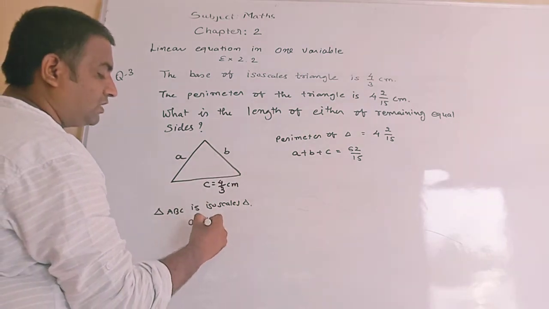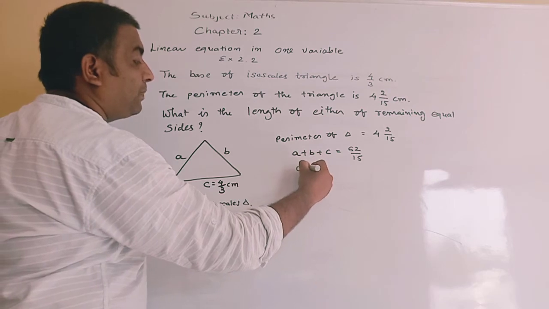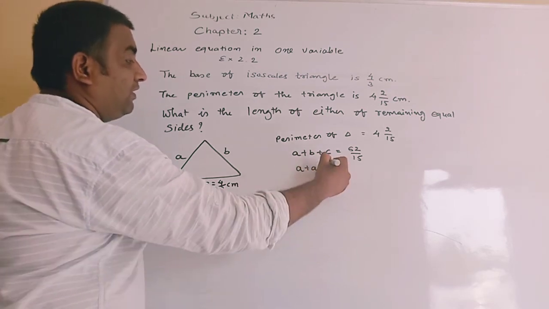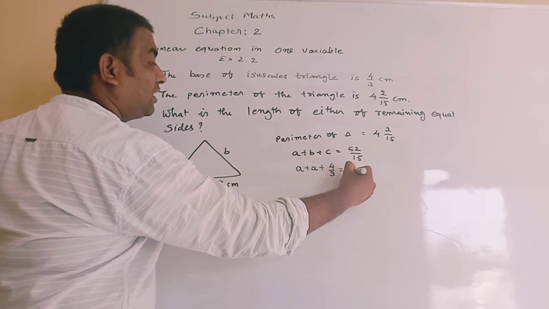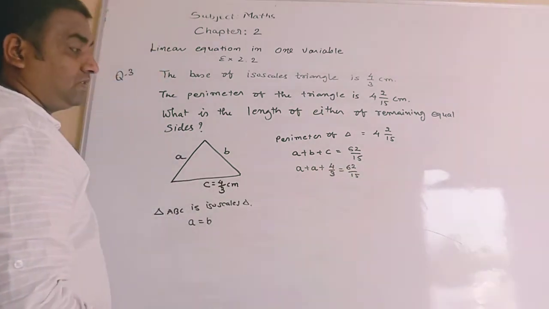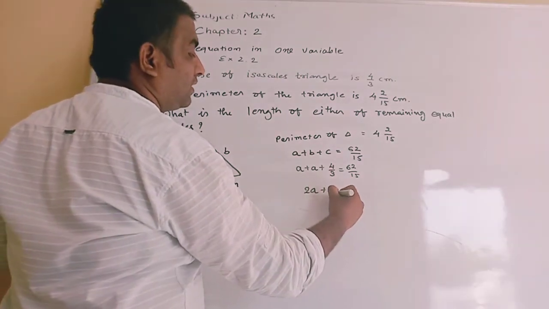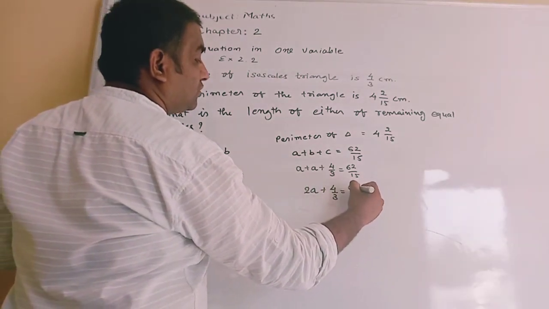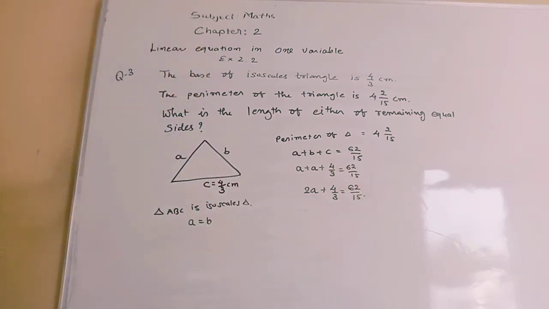So A equals B. As A equals B, we can write here A plus A, and the C value is given 4 by 3, equals 62 by 15. So 2A plus 4 by 3 equals 62 by 15.